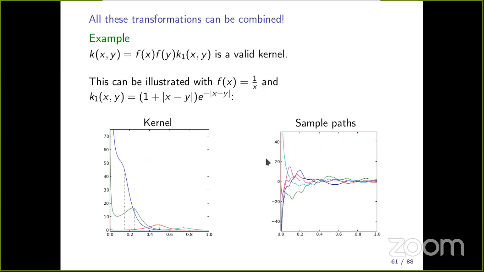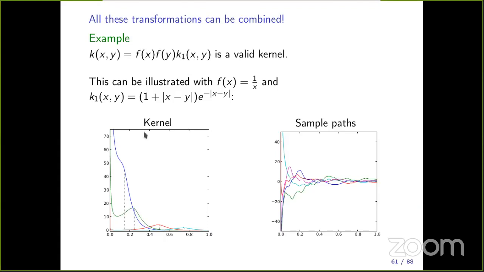And of course, all these combinations can be combined. So for example, this expression is a valid kernel. Why that? Because we know that the linear kernel is x times y, right? So this is a linear kernel, but where the input is remapped through the function f. So f(x) times f(y) is a valid covariance function, and then we multiply it by another valid covariance function.